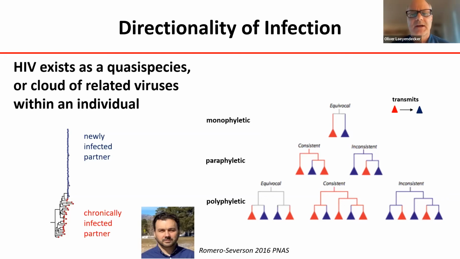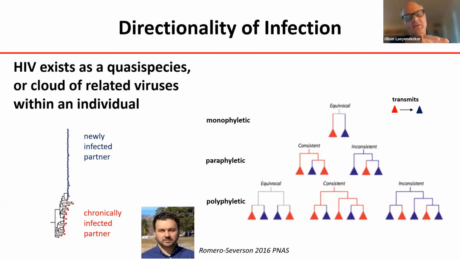So if you look here, where the red sequences are from the individual who transmitted to the blue individual, the shape of the tree would give you either consistent or inconsistent or equivocal outcomes.